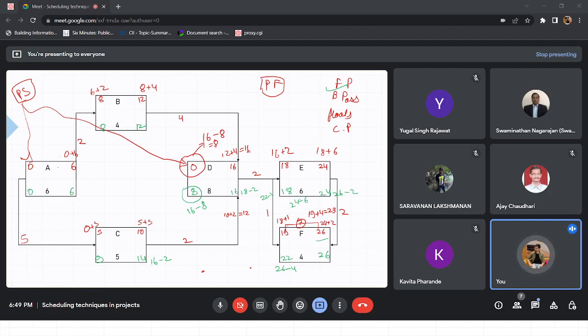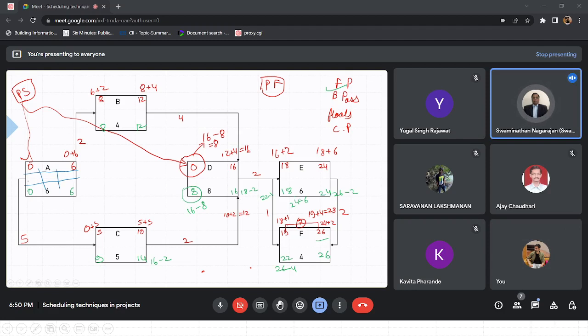Now let's start to write the floats. Here you can calculate all the 3 float values. So what are the 3 floats? Total, start and finish floats.